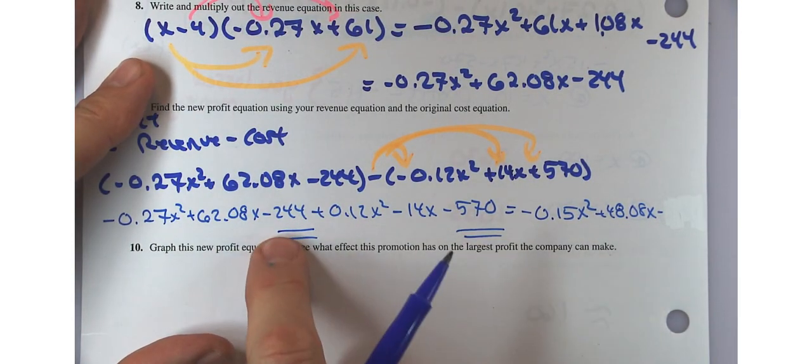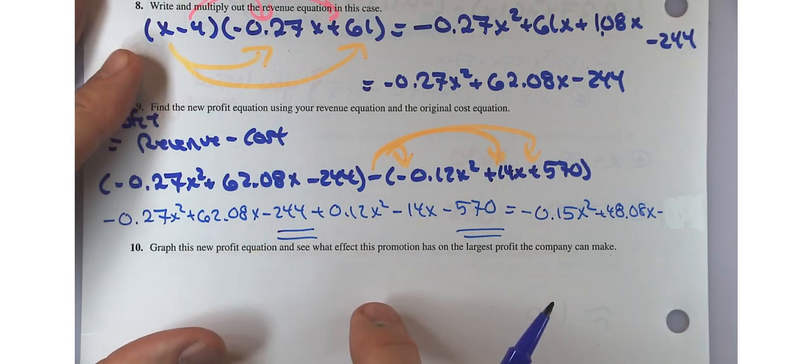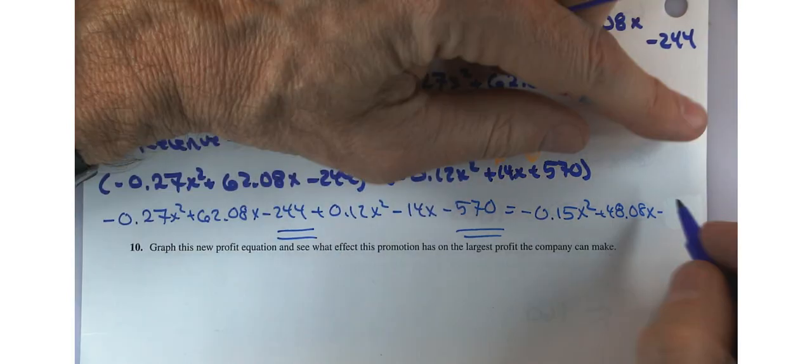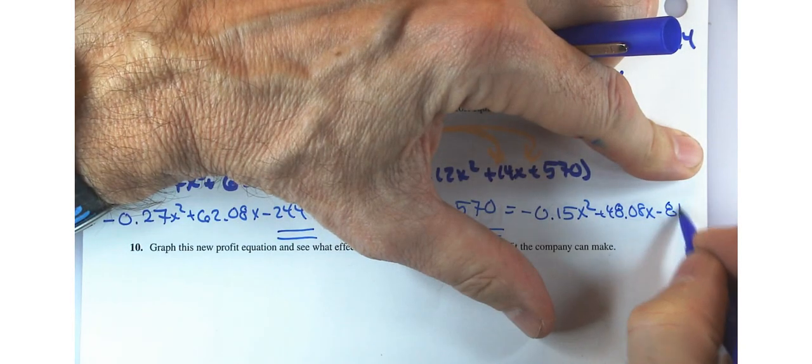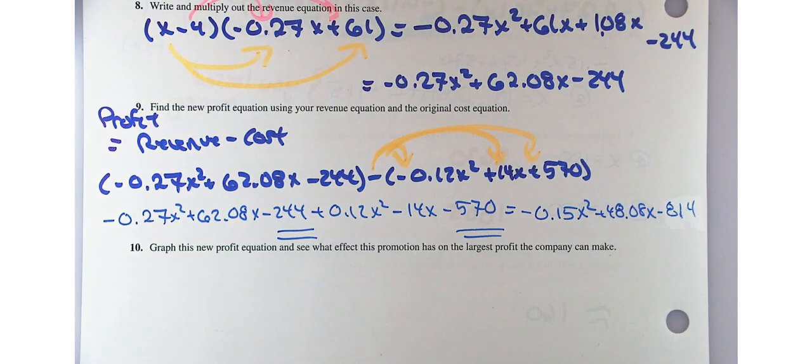Isn't it 814? I'm sorry, I misspoke. 814. Thank you. I thought I did something wrong. Wait a minute.